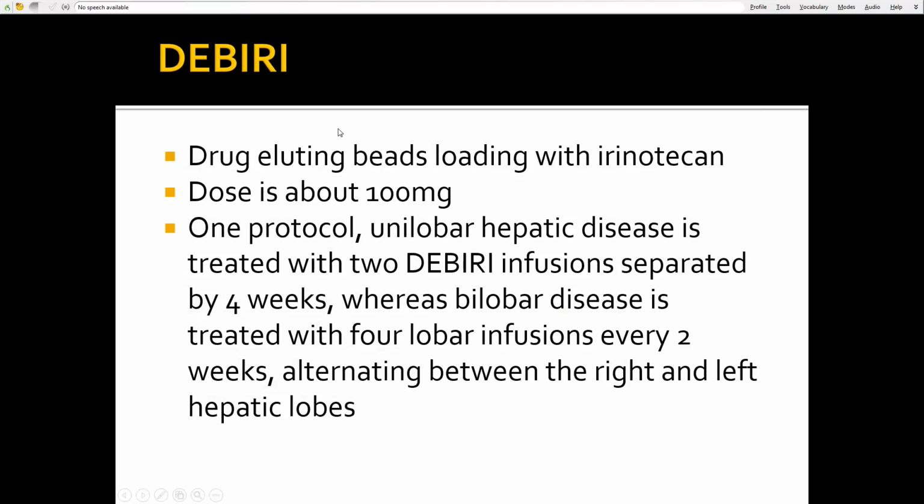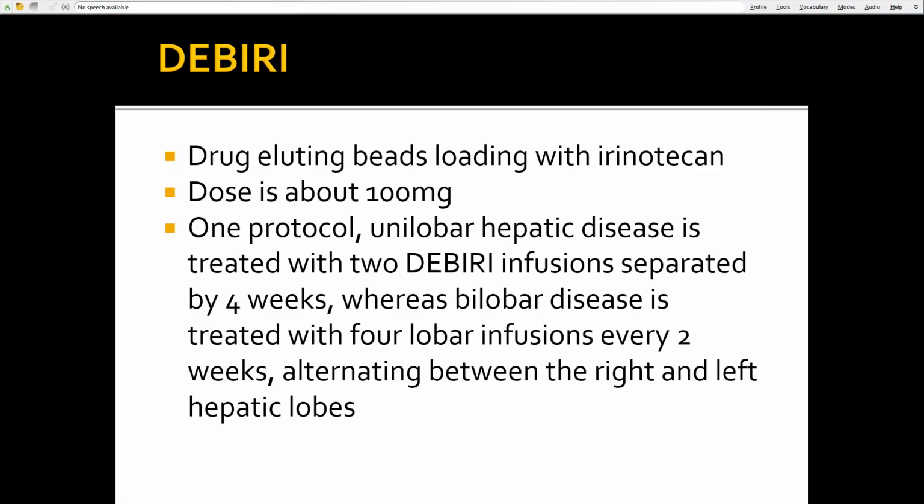Another thing that's utilized, and I have not used this yet but I know my partner has, is drug-eluting beads that are loaded with irinotecan, which is another chemotherapeutic agent. Its dose is about 100 milligrams. In general, a protocol for treating a patient depends on how much tumor is involved. Is it bilobar? Is it unilobar? There are different protocols, including a Japanese way of treating these tumors, based on experience over there.